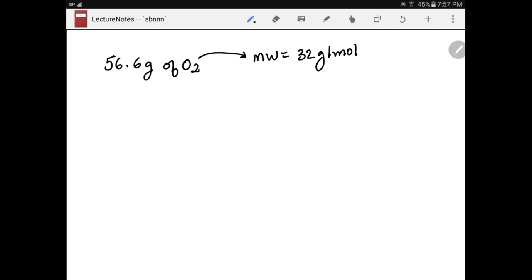If you want to find out how many moles 56.6 grams of oxygen is, you apply the formula and you find that the answer is 1.77 moles. So now we have the number of moles of oxygen that were produced.